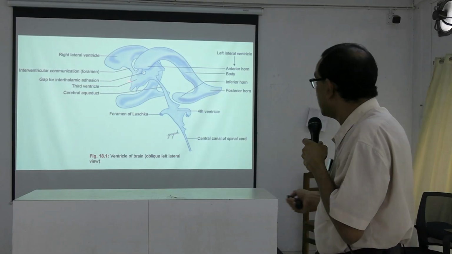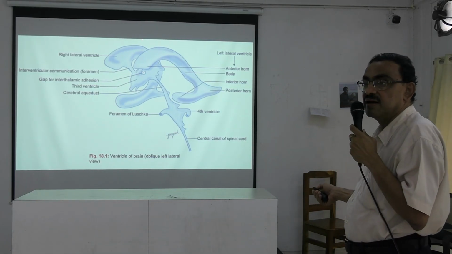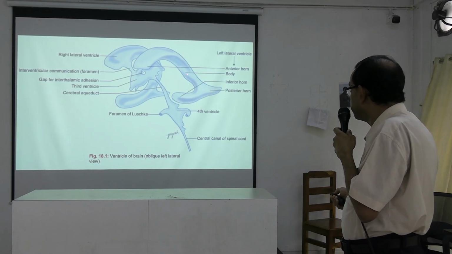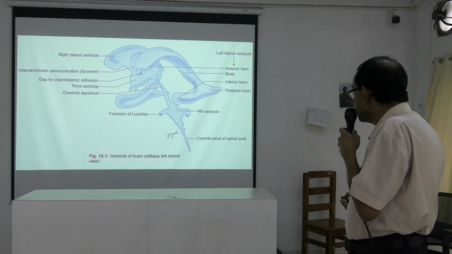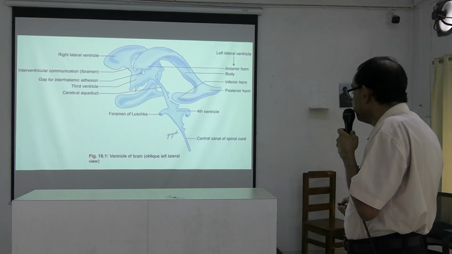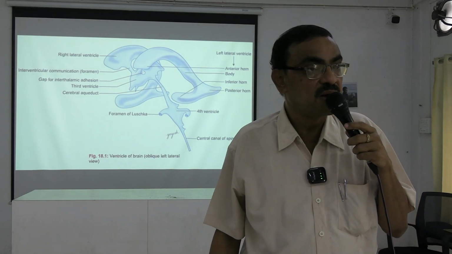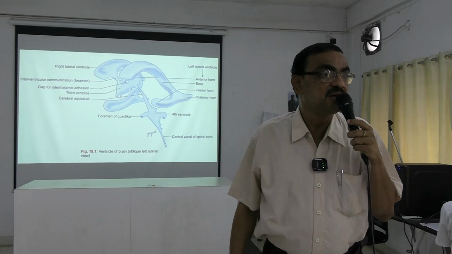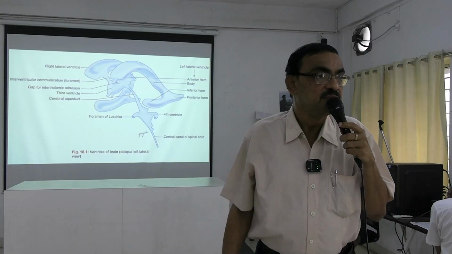The anterior horn is present within the frontal lobe, the body within the parietal lobe, the posterior horn within the occipital lobe, and the inferior horn enters into the temporal lobe. So we will find this cavity, the lateral ventricle, within the brain.